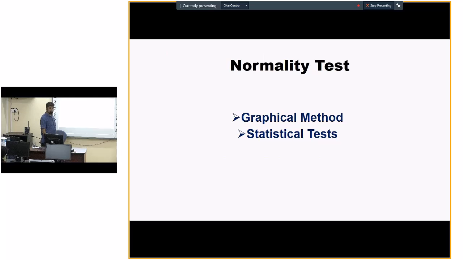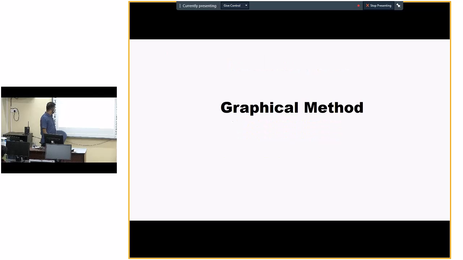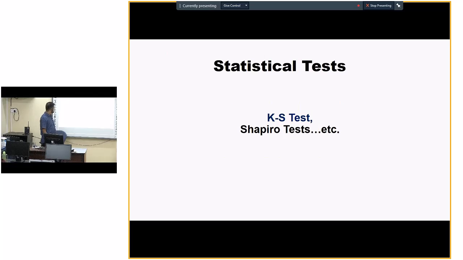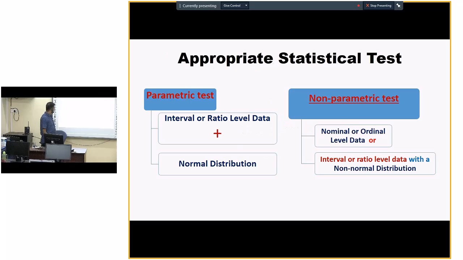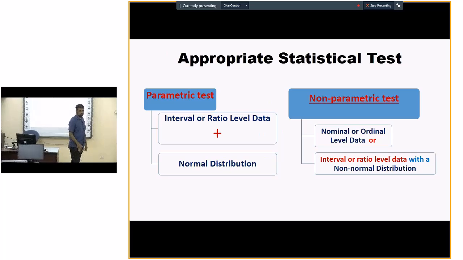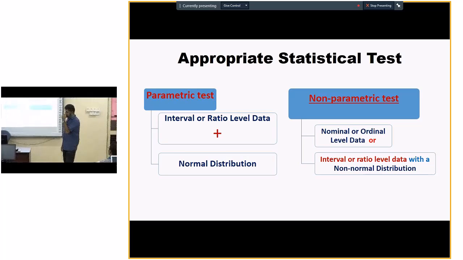There are a number of tests for measuring normality: the graphical approach, and the statistical approach, such as the Shapiro test. Here I am not going to test them; we can test them further by using a software package. After testing, we can decide whether the data follows a normal distribution or not.